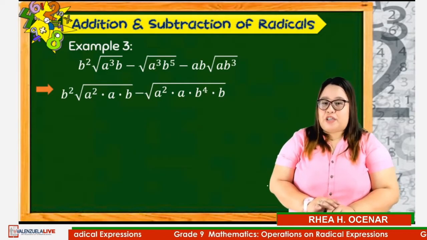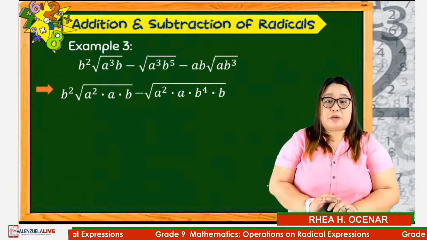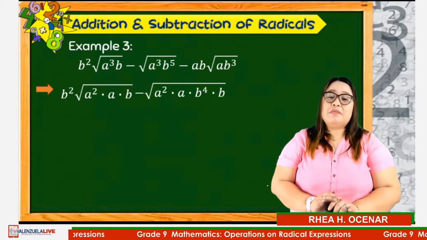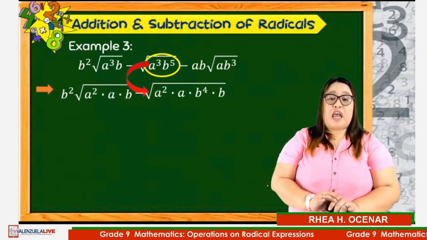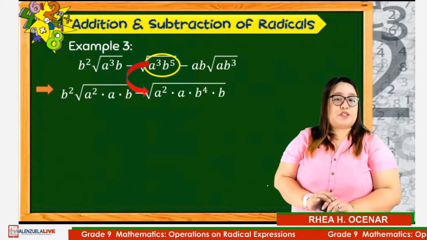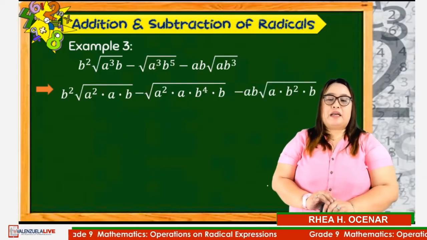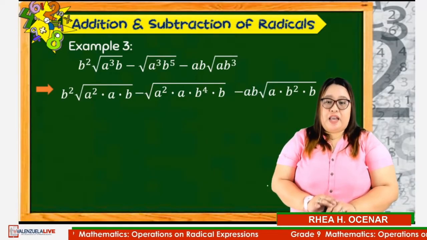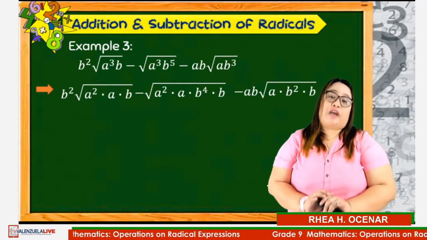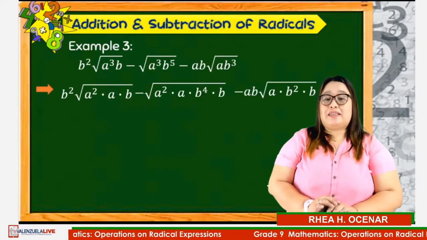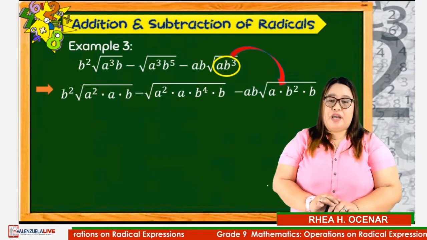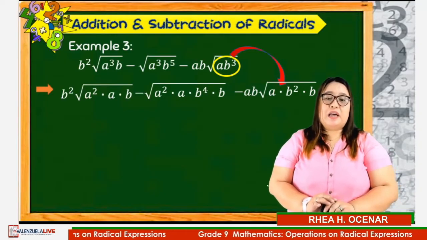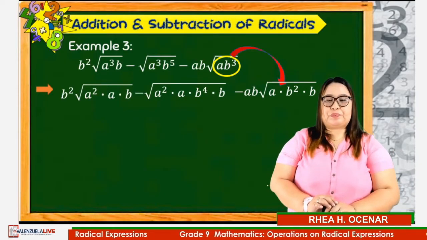Square root of a squared times a times b raised to 4 times b, for a square root of a cubed b raised to 5. ab square root of a times b squared times b, for ab square root of ab cubed.